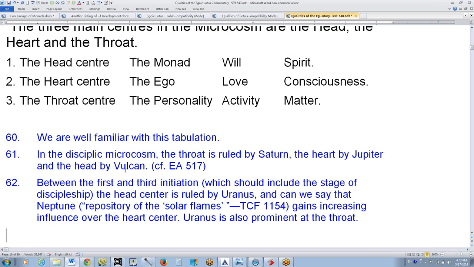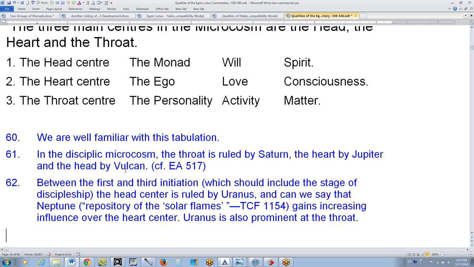In the disciplic microcosm, which we actually have reviewed in preparation for this study, the throat is ruled by Saturn, the heart by Jupiter, and the head by Vulcan. So not all the three synthesizing planets are there, but they are higher rulers, I think, of those centers at later stages of development beyond discipleship.